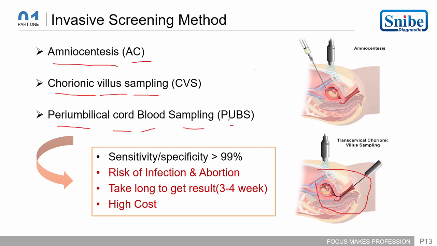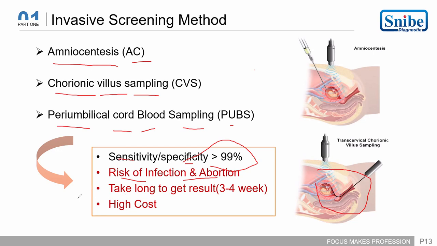They are highly sensitive and highly specific, with sensitivity and specificity of more than 99%. But the risks are infection and abortion. These are the two high risk factors for these invasive procedures.